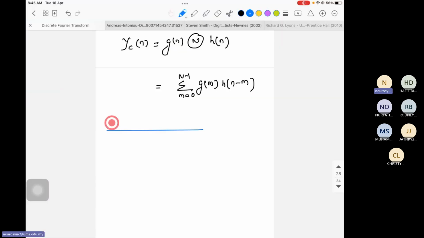So first we will write m. So m will basically go from 0 to n minus 1. So n has value 4, so m will vary from 0, 1, 2 and 3. Okay. Now we'll write the sequence g of m.